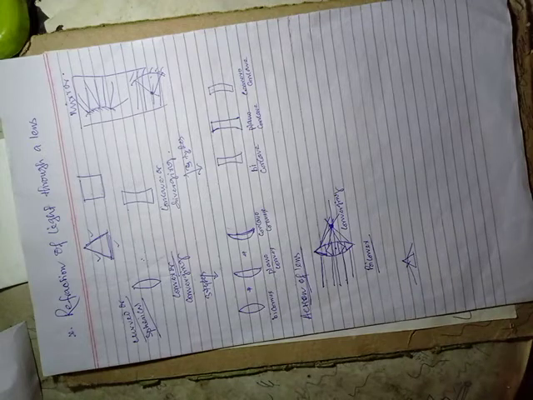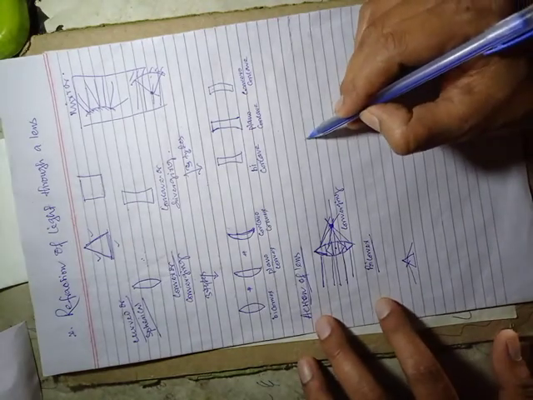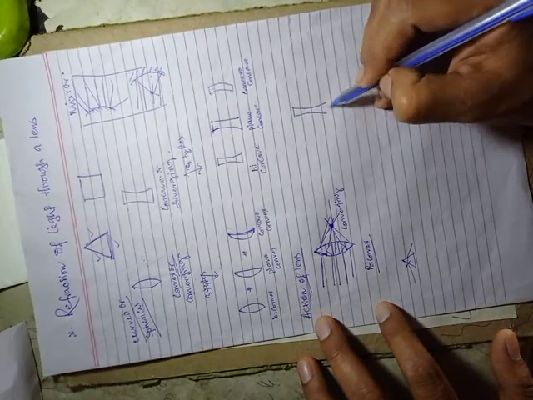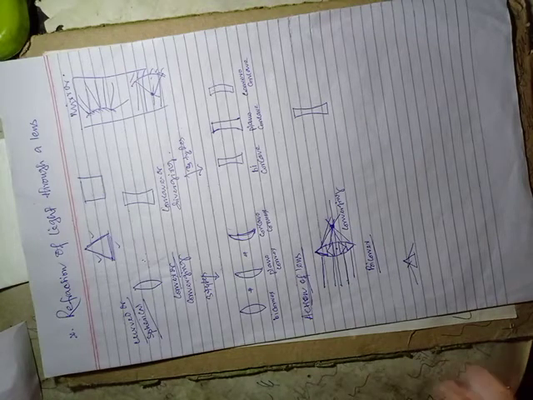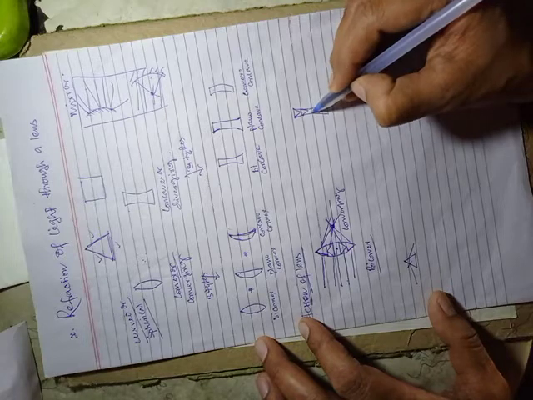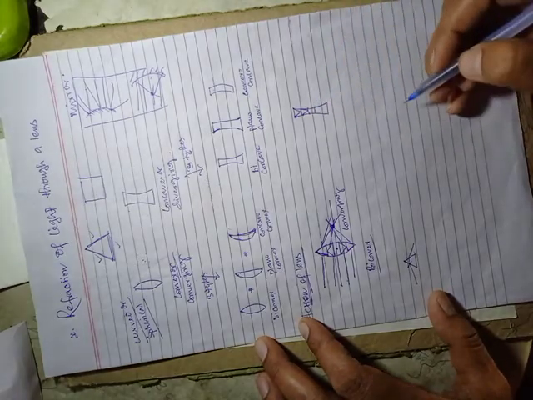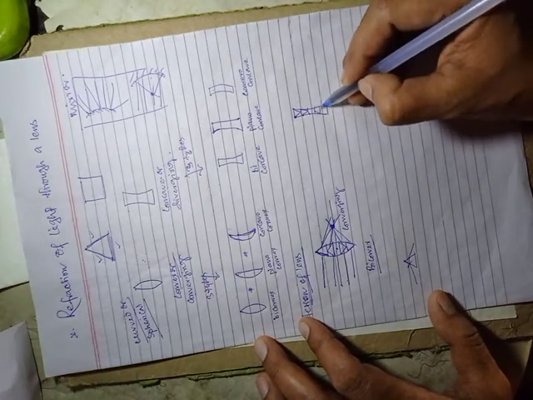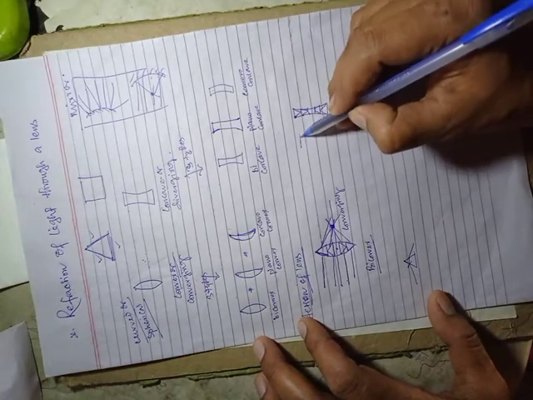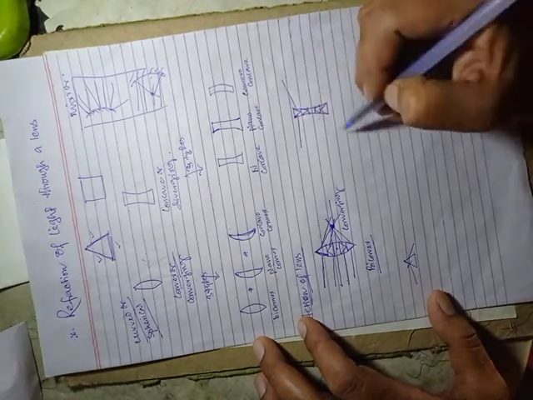So similarly, for a concave lens, I am just explaining. If you check the book, you can easily understand. It is very easy. Here the prism is like this: 1, 2, the middle glass slab, here 3, 4. Now you can see, when a light ray falls, it will move away.